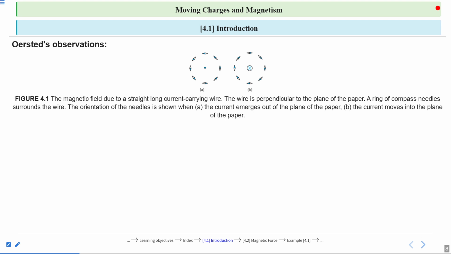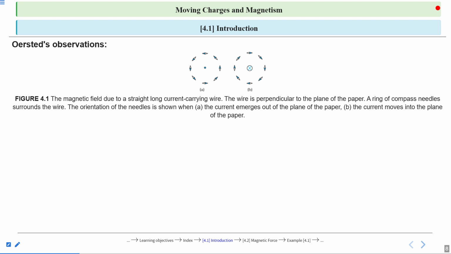So the current is coming out of the mobile screen, or if you are seeing this diagram in a notebook, coming out of the paper, perpendicular to the plane of paper or screen.